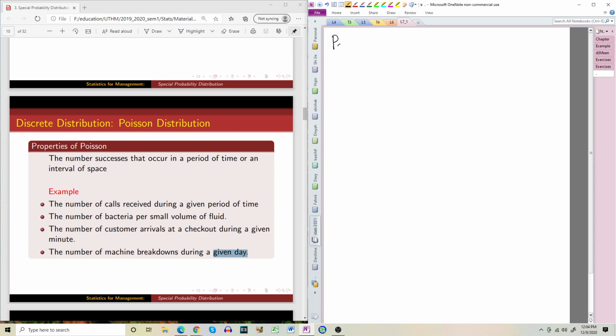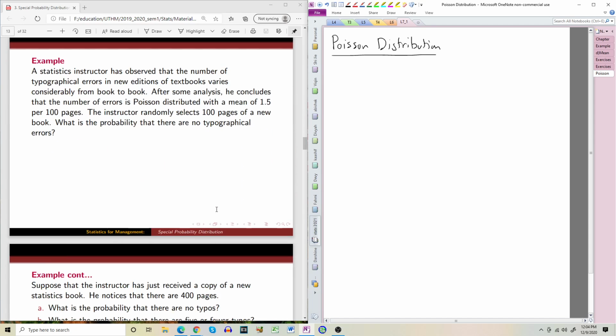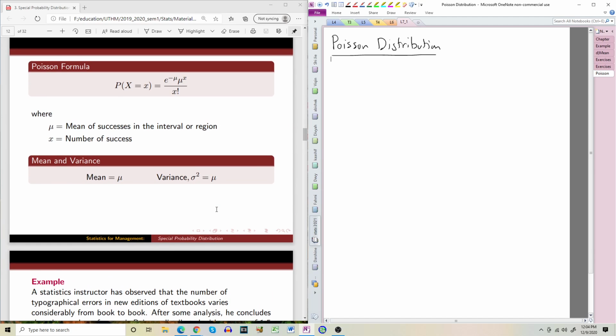Let me write the formula, it is easy for me to compute later.